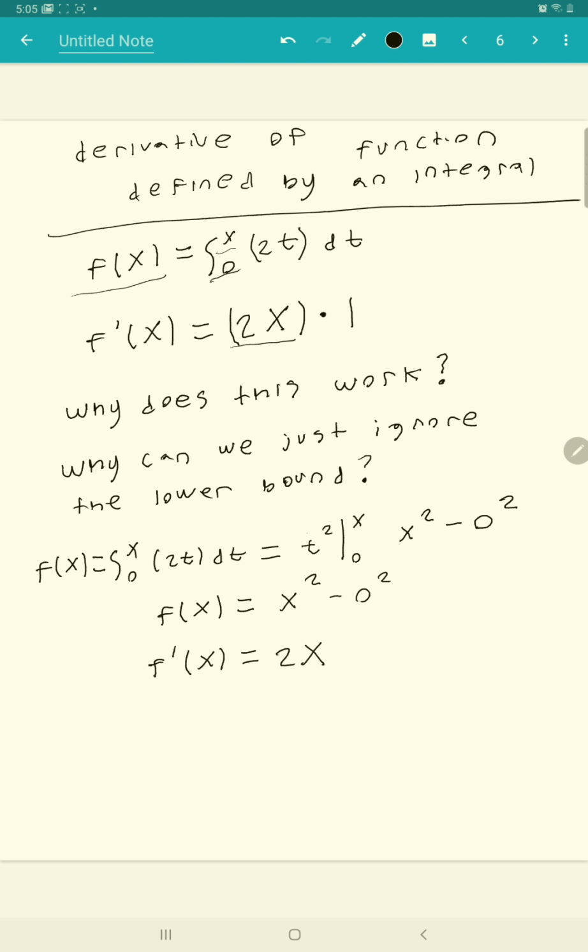Well, let's just take this integral, which we already did earlier. We get the antiderivative of 2t, which is t squared, and then we plug in 0 and x, and we get x squared minus 0 squared. And when we find the derivative of x squared minus 0 squared, the 0 squared doesn't have a derivative because it's just a number. And we can see this with any lower bound. It doesn't just have to be 0.